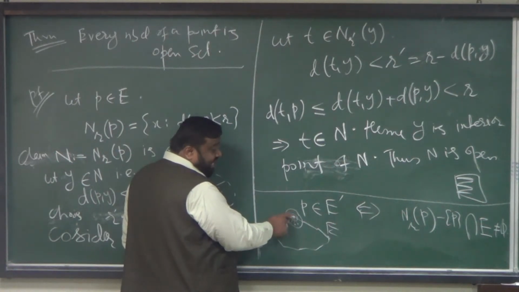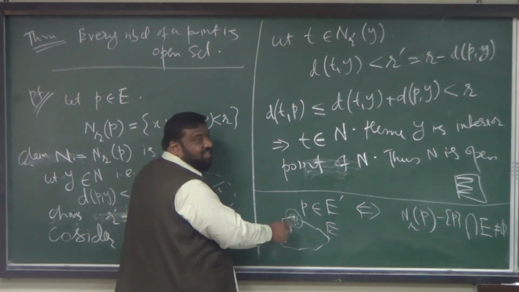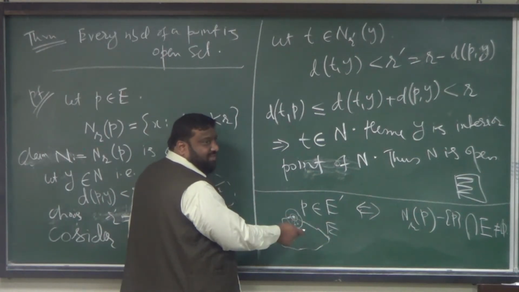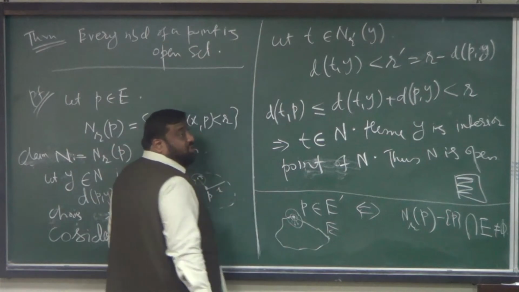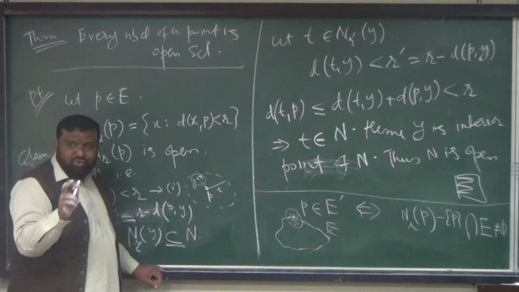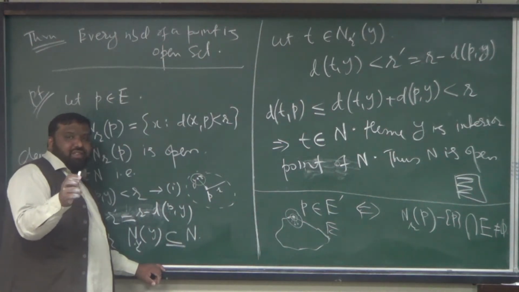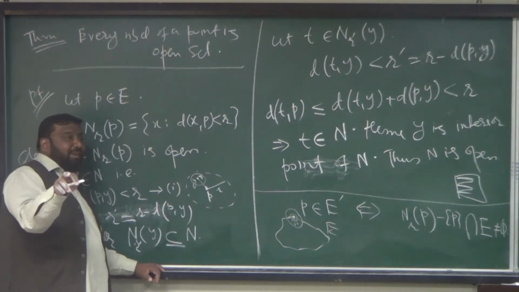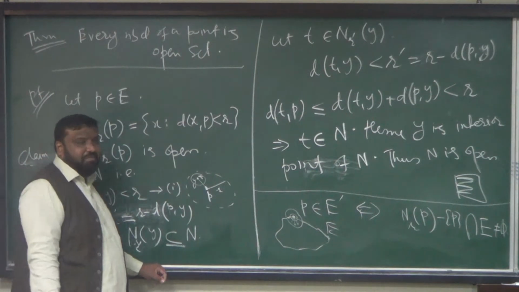This is a neighborhood of P that is not going to contain any point of E actually, and hence P would not be a limit point. A contradiction actually. You getting the point? Contradiction. So in other words, if an arbitrary neighborhood of a point is intersecting with E, it should not intersect only at finite points. There will always be infinite points actually.